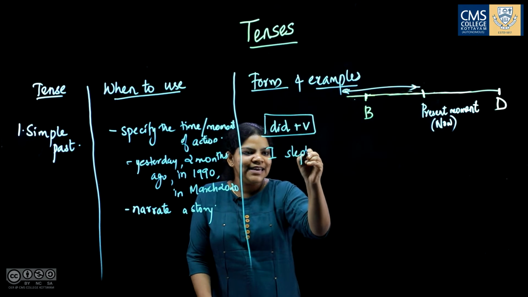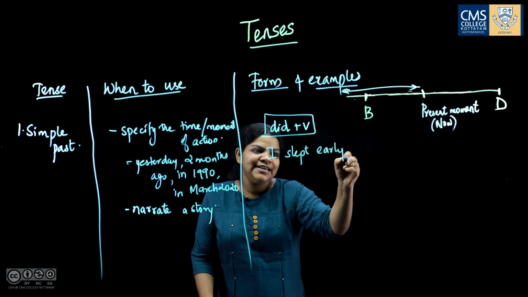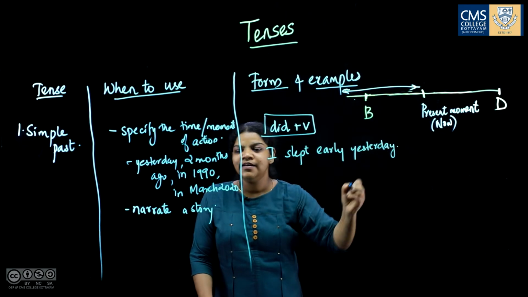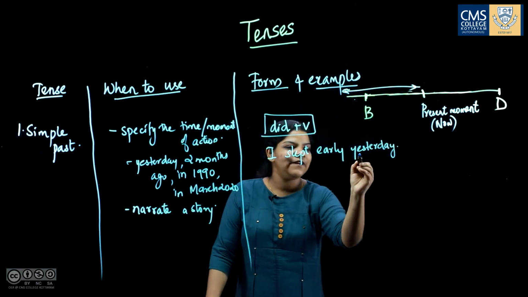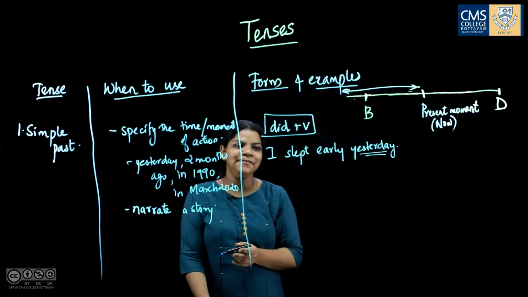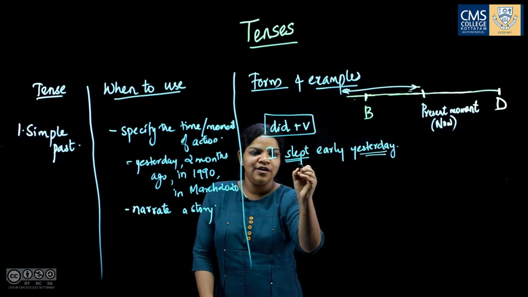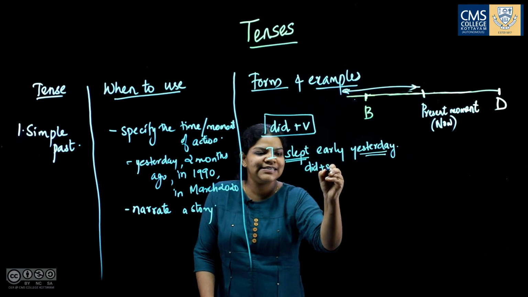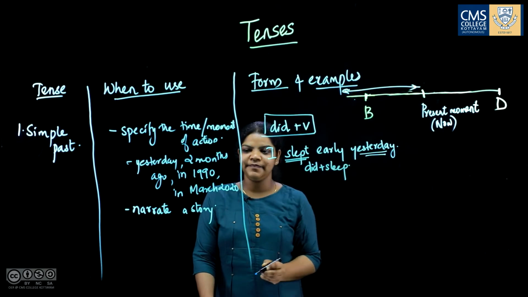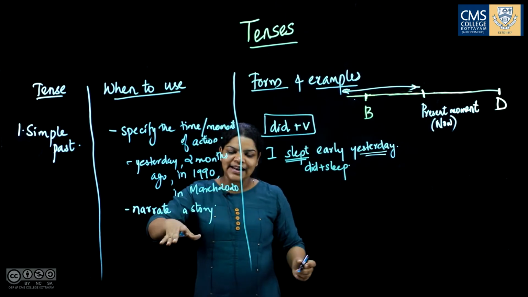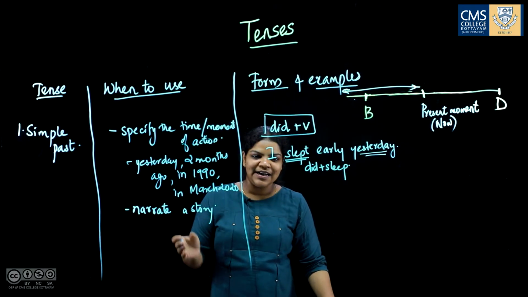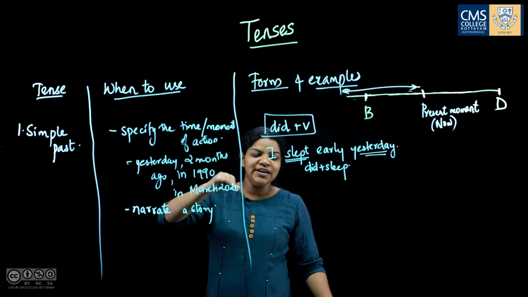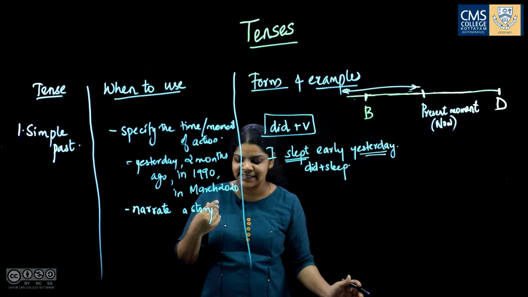I slept early yesterday. Now remember, here I have specified the time of action, yesterday, and the form of verb here is slept, which is did plus sleep. So if you want to narrate a story in the chronological order, you use a simple past tense.